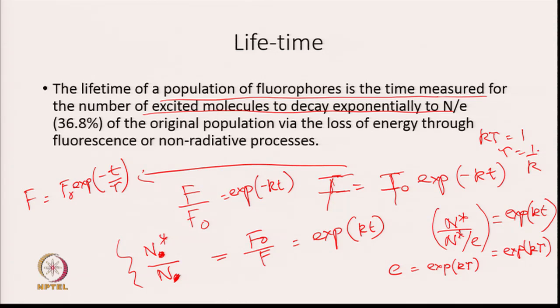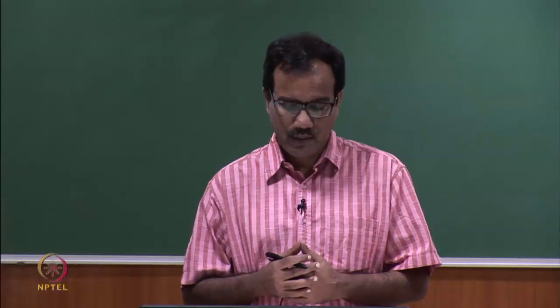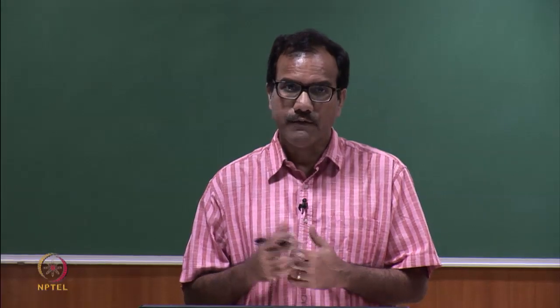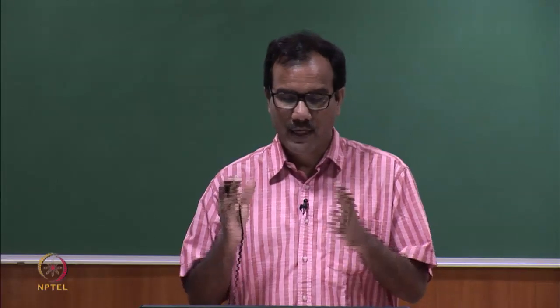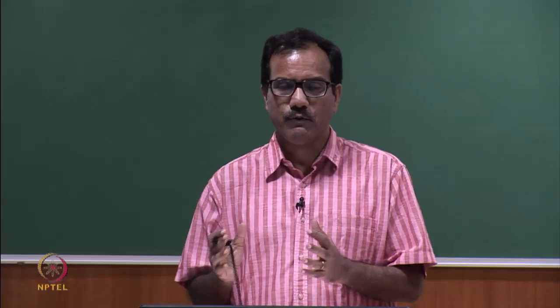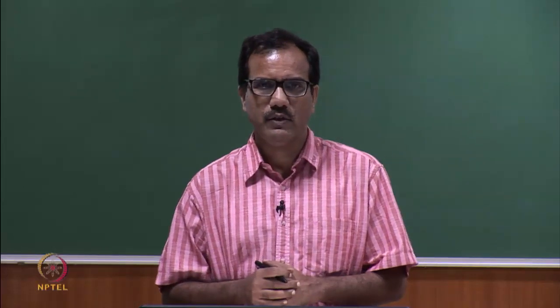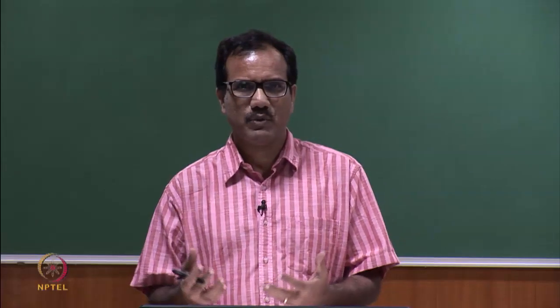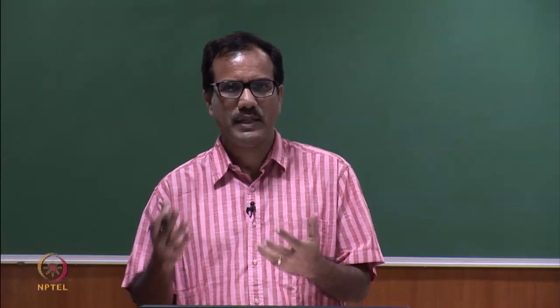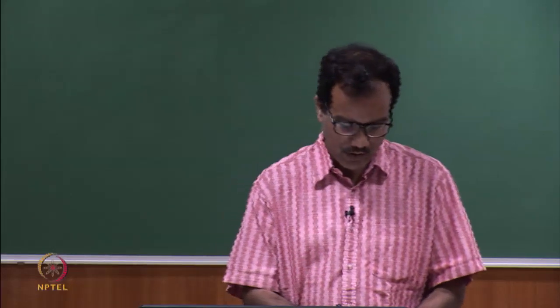So, this is the way lifetime is defined. Again, the lifetime of a fluorophore is the time measured for the number of excited molecules to decay exponentially to n by e of the original population.